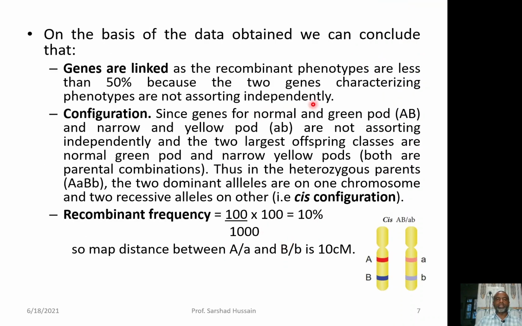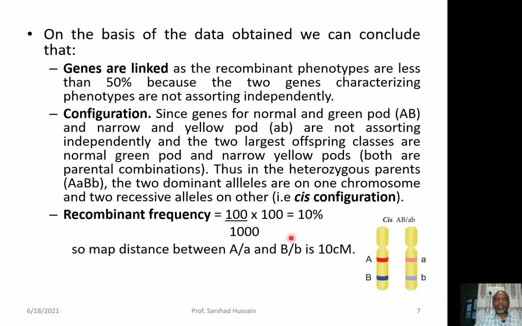So, you can easily say that yes, the genes for the color and for the shape of the pod are present on the same chromosome, because genes in a linked system may not assort independently. That is why the recombinants are less and the parental combination is more.